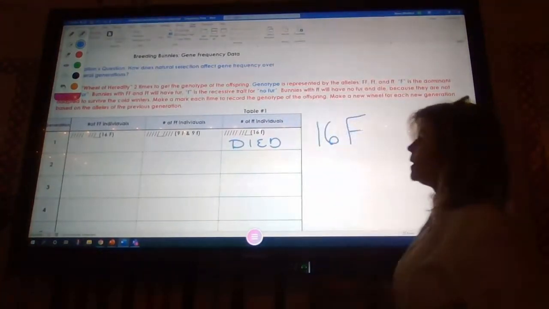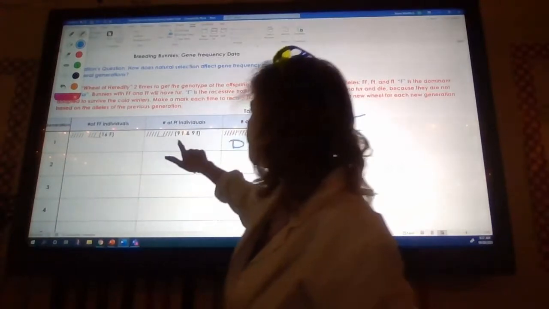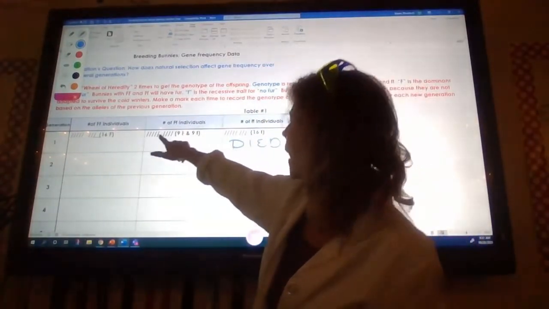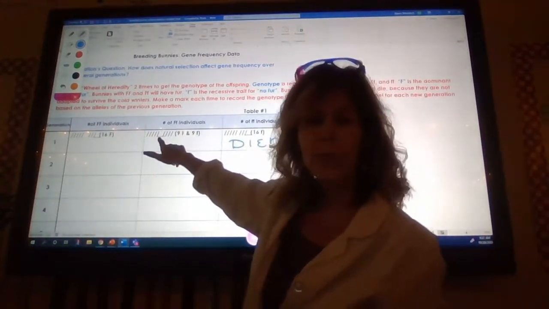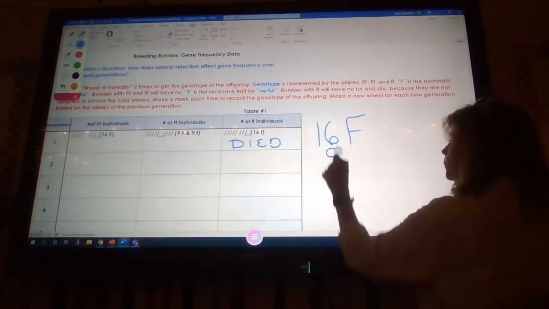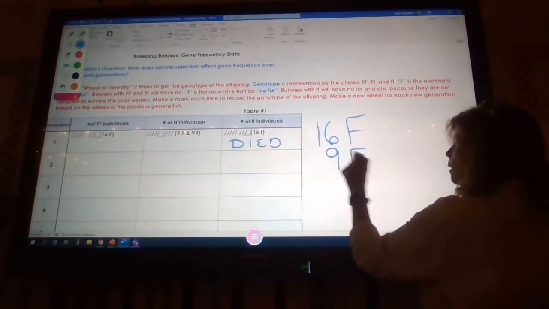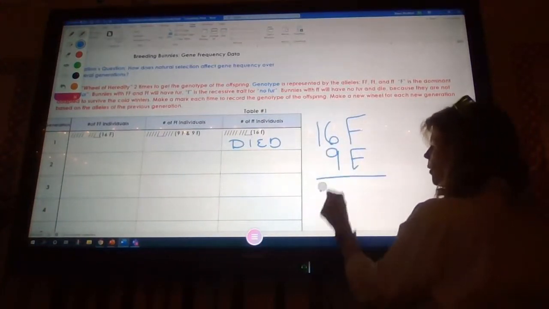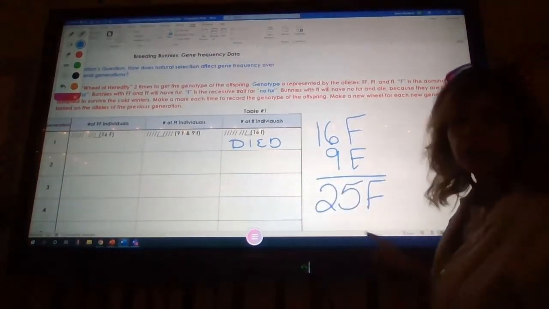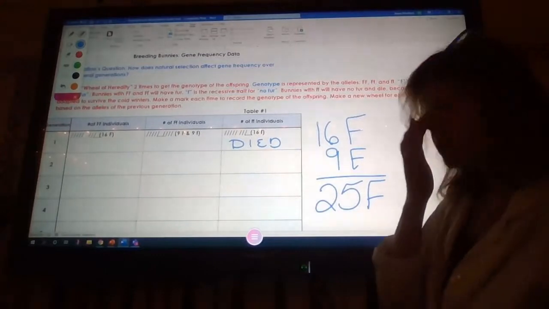Then in the heterozygous, I have 9. So 9 of those have the dominant trait. So if I add those together, I had 25 dominant traits.